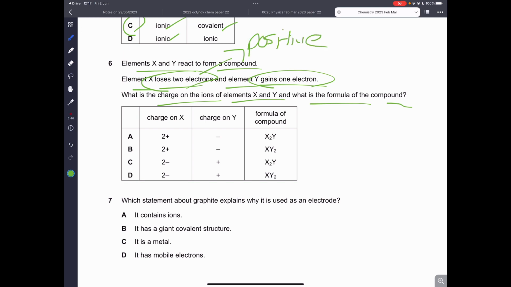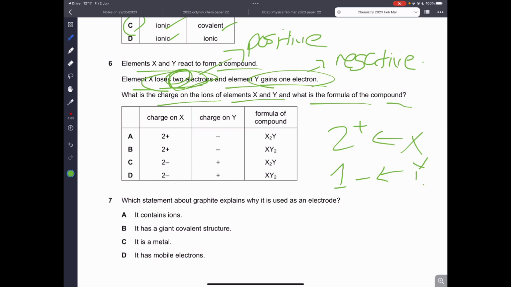On the other hand, if you gain an electron, it becomes negative because you're gaining that negative charge. Since X loses 2 electrons, it is going to be positively charged, 2 plus. And Y is going to gain 1 electron, so it's going to be negatively charged, 1 minus. Therefore, the charge on X will be 2 plus, the charge on Y will be minus.